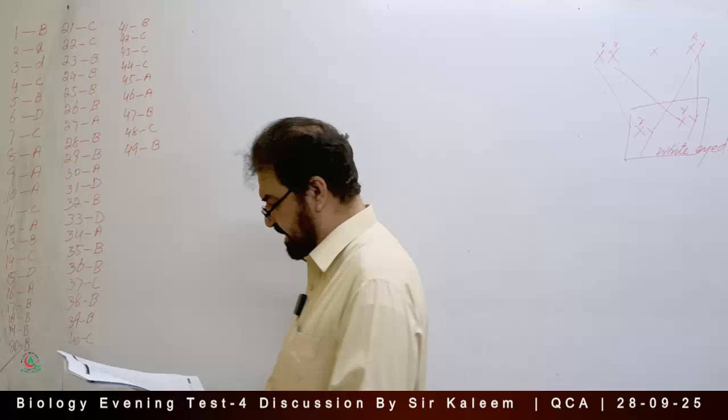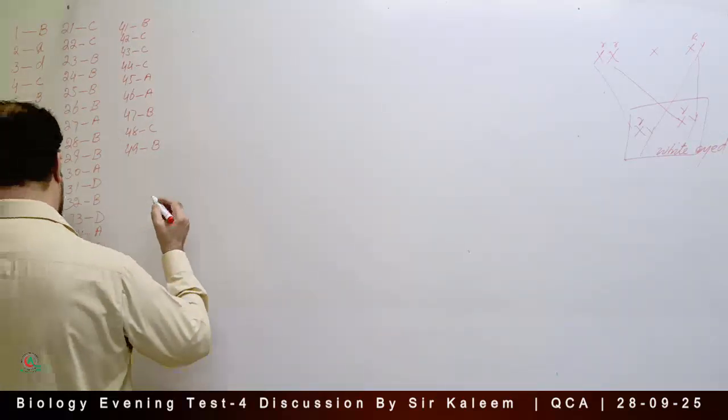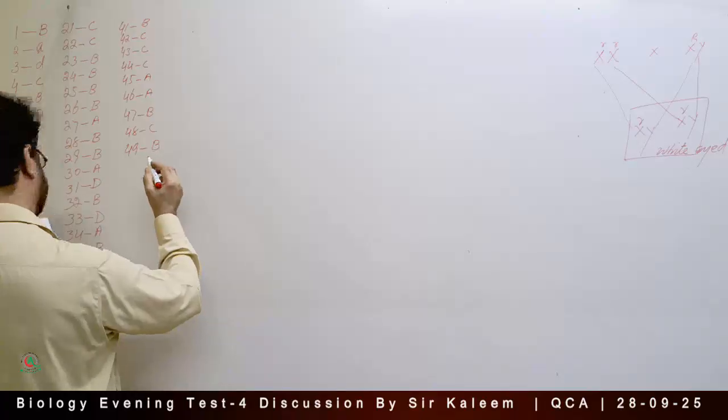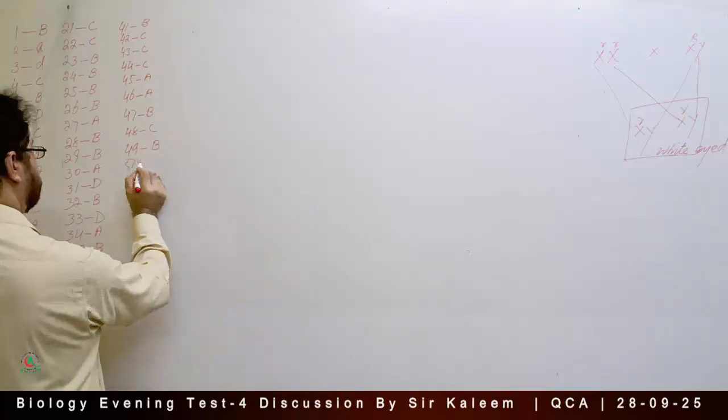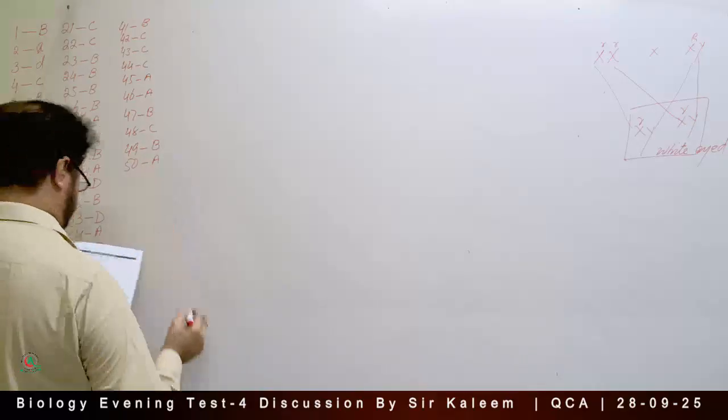So option first is correct. 17 centimorgan. Option A.